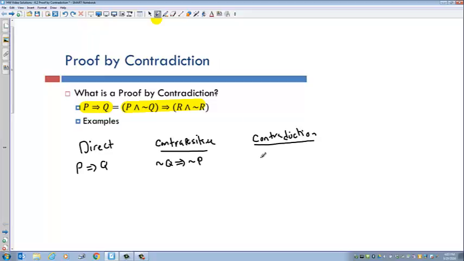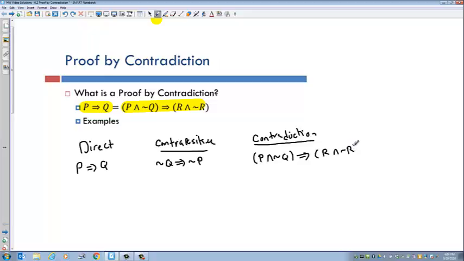The way we prove P implies Q by contradiction is we assume P is true and not Q, and show somehow this implies some sort of ridiculous statement, such as some statement R being true and it being false.